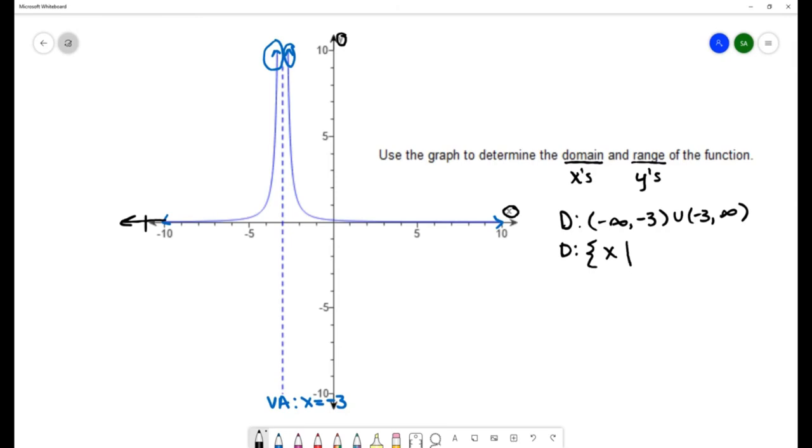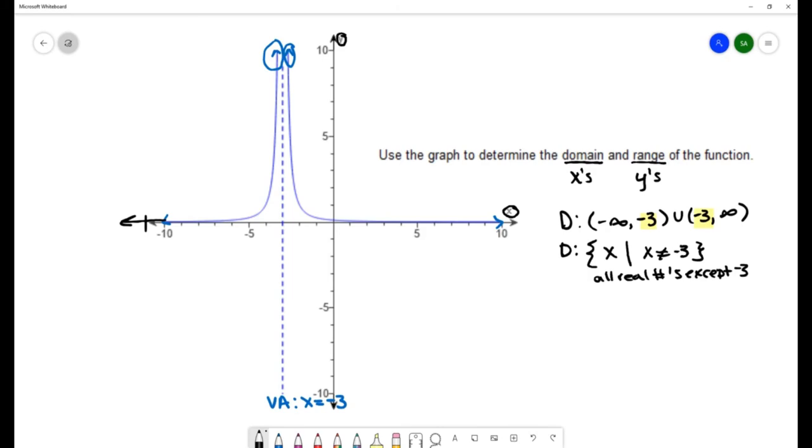The only rule that we came up with is that -3 is not part of the domain. So we can say that x is not equal to -3, and the meaning of this is that this set contains all real numbers except -3. So that's a different way to write the set in set builder notation.